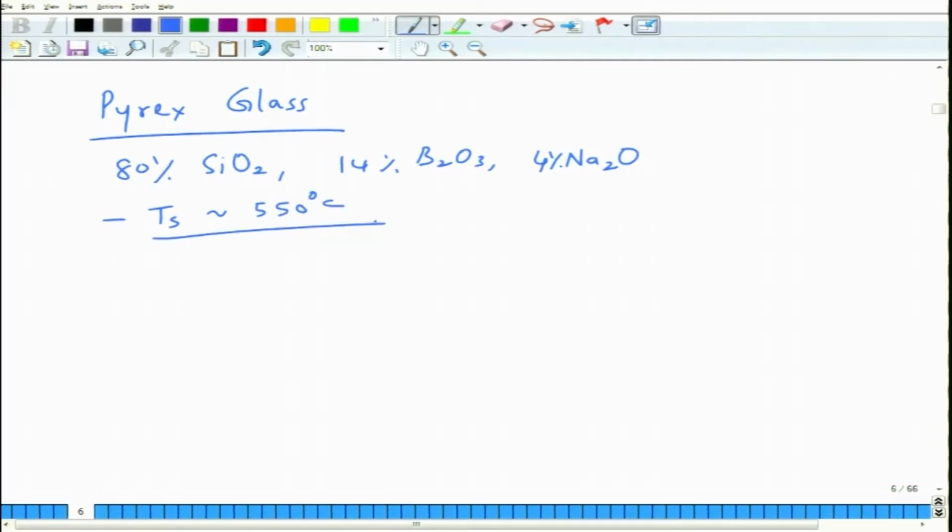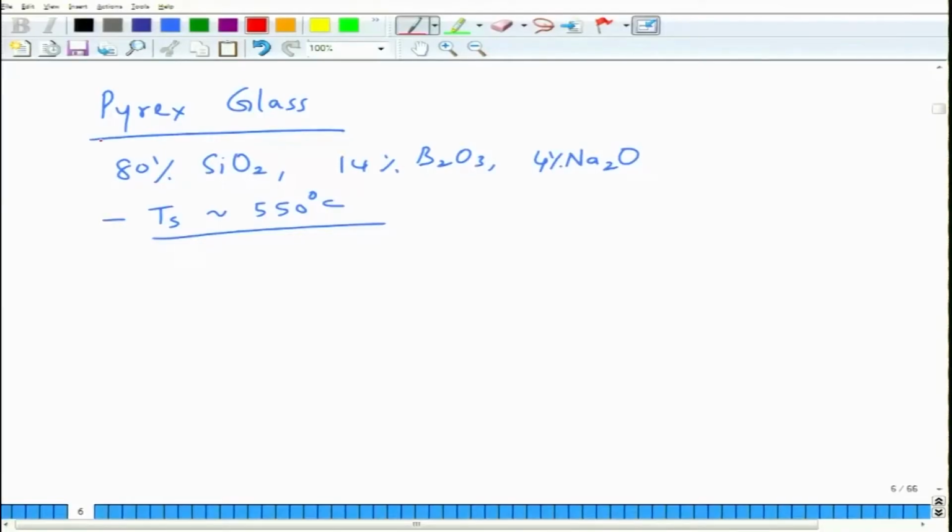This is something which is used in laboratories quite extensively, where you require the material to withstand its form until about 400-500 degrees centigrade. So Pyrex glass is something that we use in our laboratories. Chemists and material scientists use it quite extensively. Then we have Vicor glass.